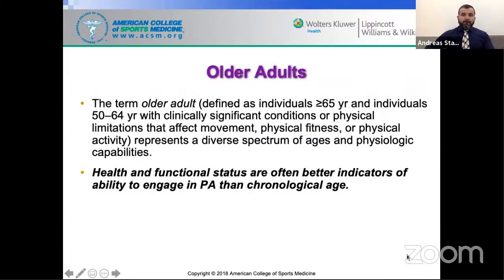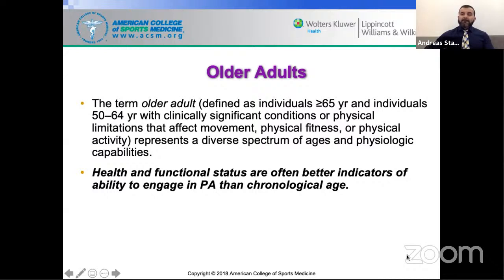All right, now we're going to the third out of the four groups for today, older adults. That's the definition, 65 and above, or above 50 with significant conditions that affect movement, fitness, or physical activity. Another important thing to consider before we move any further is that health and functional status are often better indicators of ability to engage in PA than chronological age.